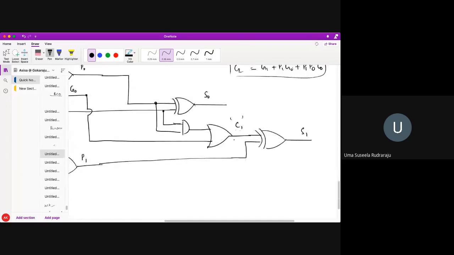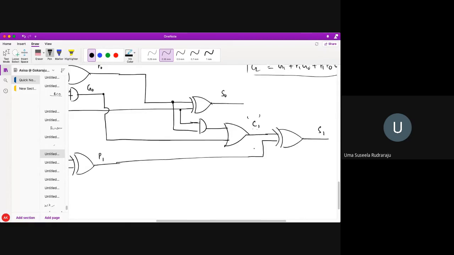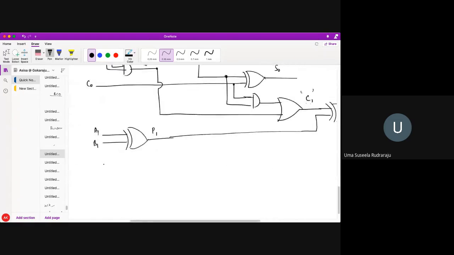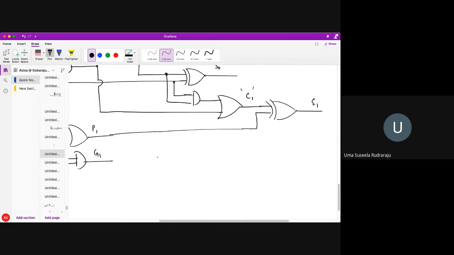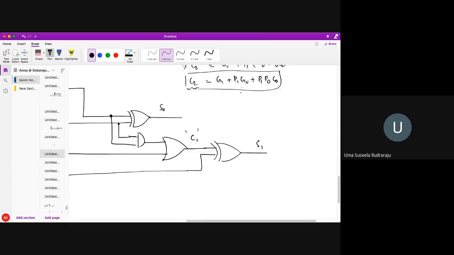So how to get this? What is G1? G1 is nothing else but A1 and B1, which gives me G1. Now C2 is G1 plus P1 G0 plus P1 P0 C0. So where will I get all this? One minute, I'll just zoom out.